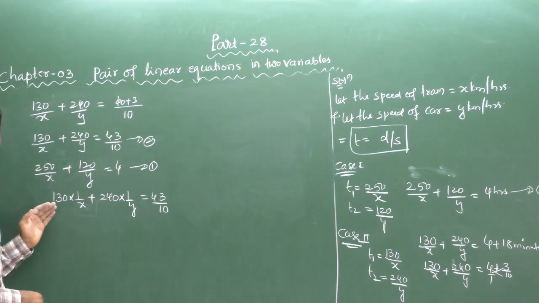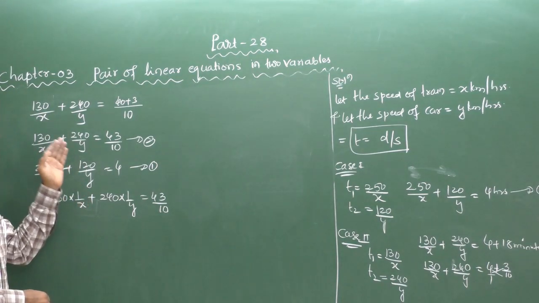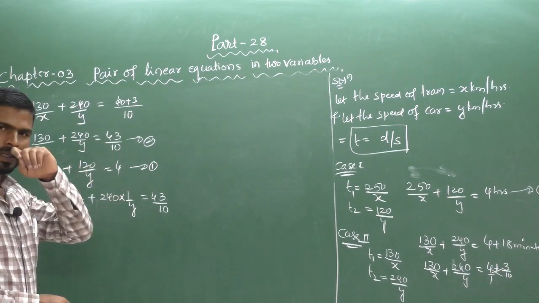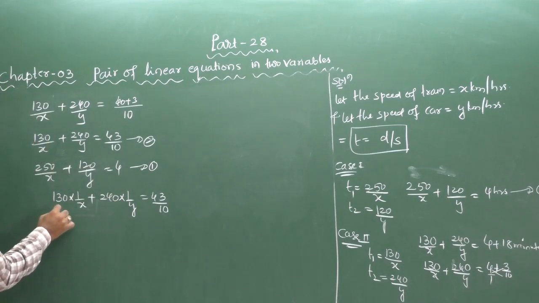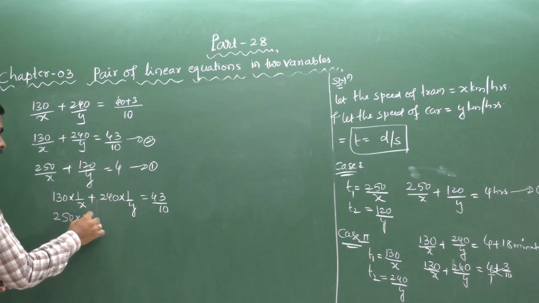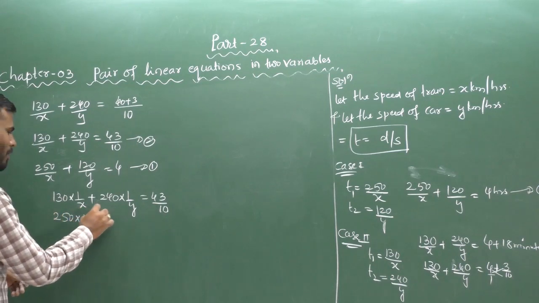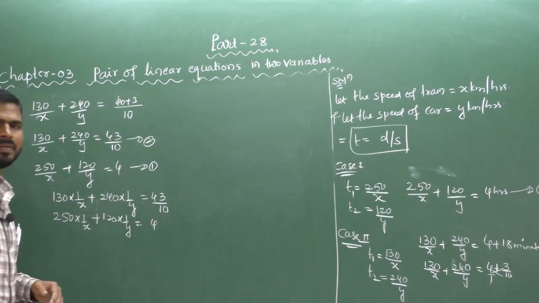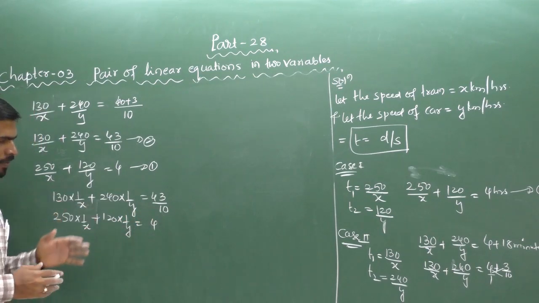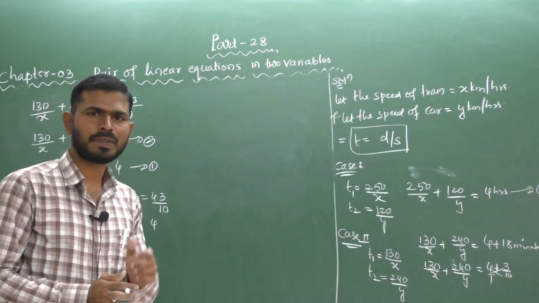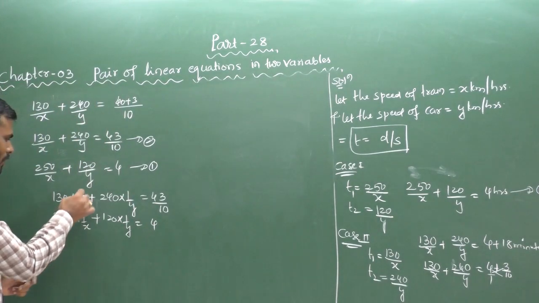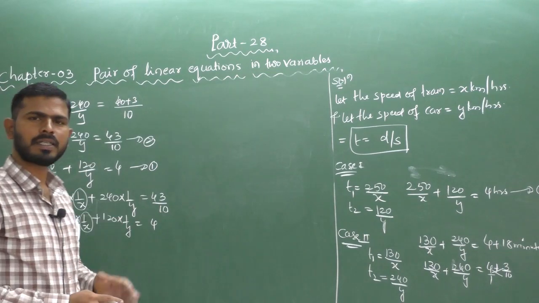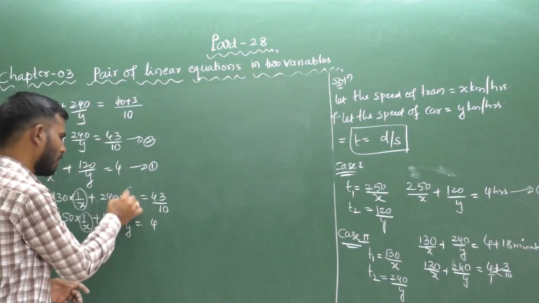130 by x you can write as 130 into 1 by x plus 240 by y as 240 into 1 by y equal to 43 by 10. Next, the first equation also you can write as 250 into 1 by x plus 120 into 1 by y equal to 4. Now look at equations 1 and 2. The common term of equations 1 and 2 is 1 by x, and the next common term is 1 by y.